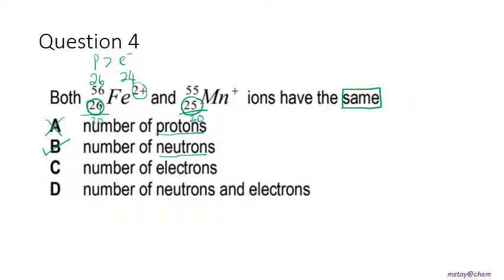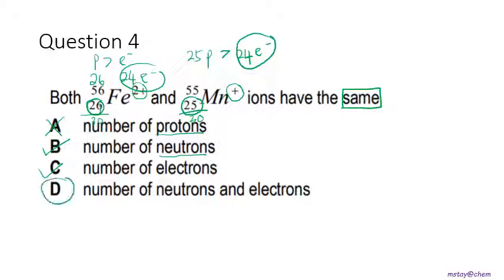There are 25 protons, and protons are more than electrons by 1, so there are 24 electrons. So both Fe2+ and Mn+ have 24 electrons. So this statement is also correct. The most accurate answer for this question is that they have the same number of neutrons and electrons.